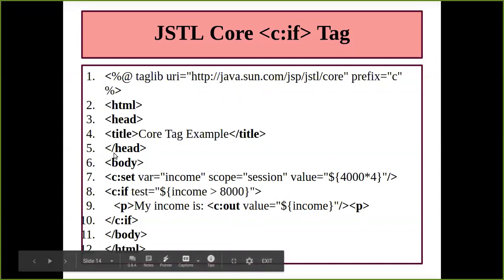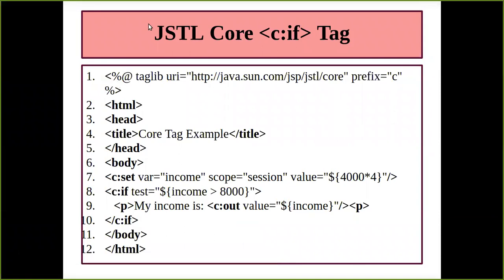Okay, so again we have started with this same statement. You have to make use of this in the very first statement, so that your JSP page understands which type of JSTL tag you are making use of. And directly we will come here. So what I'm doing here now, I'm having a set tag. I'm having a variable called income.